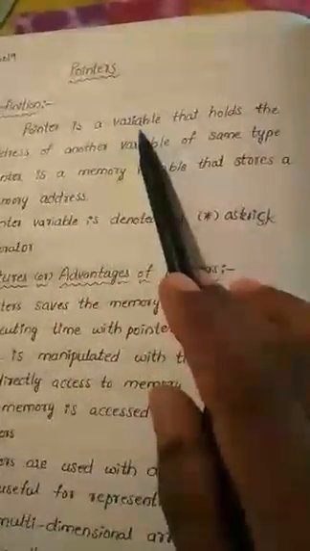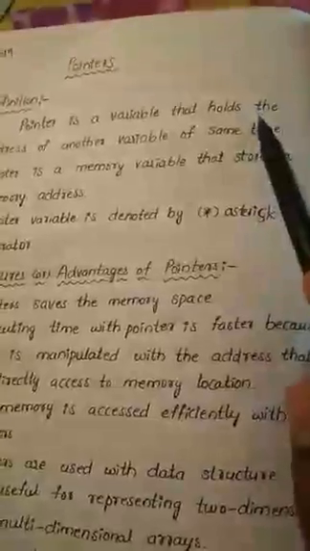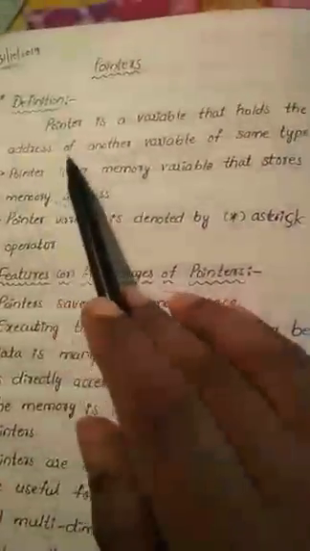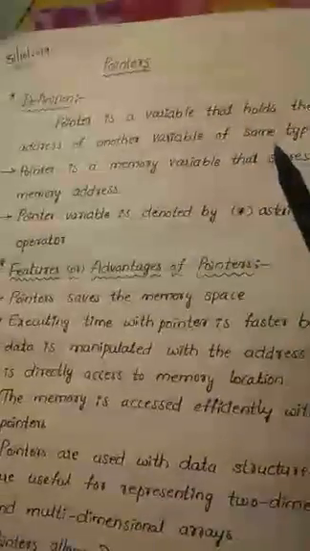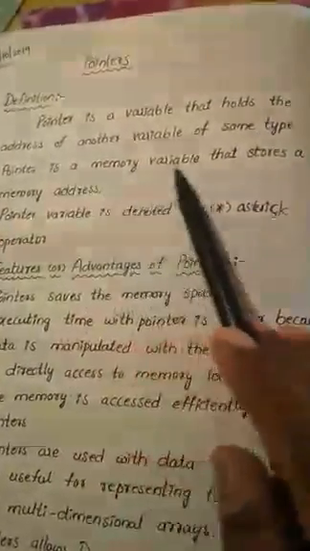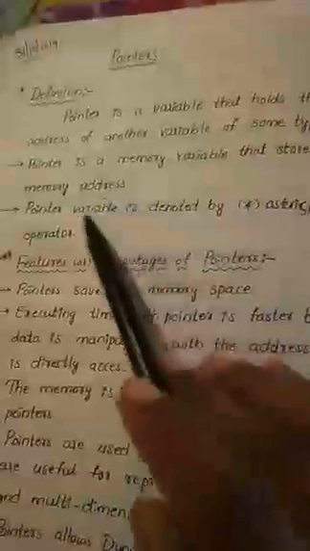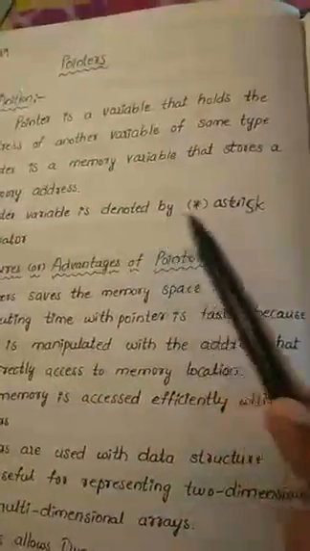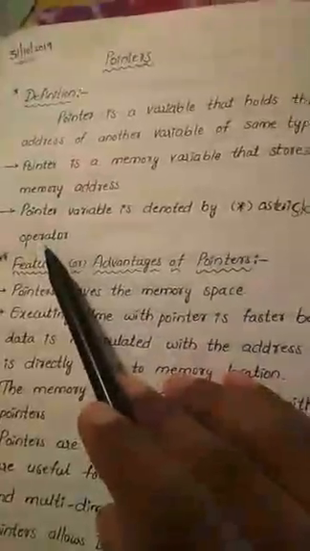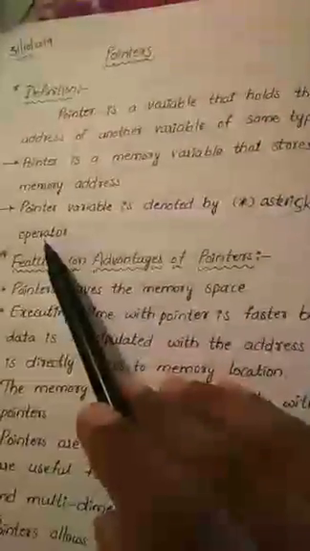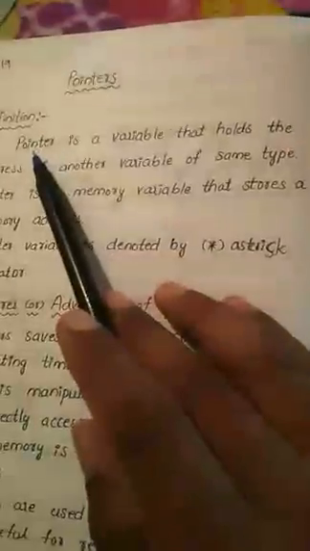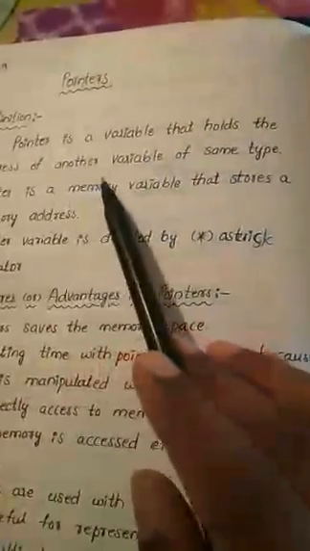So a pointer is a memory variable that stores a memory address. A pointer variable is denoted or declared by the asterisk operator. So what is a pointer? A pointer is a variable that holds the address of another variable.